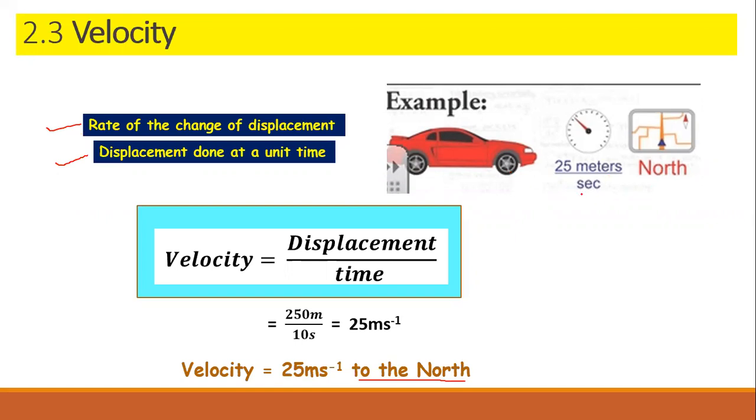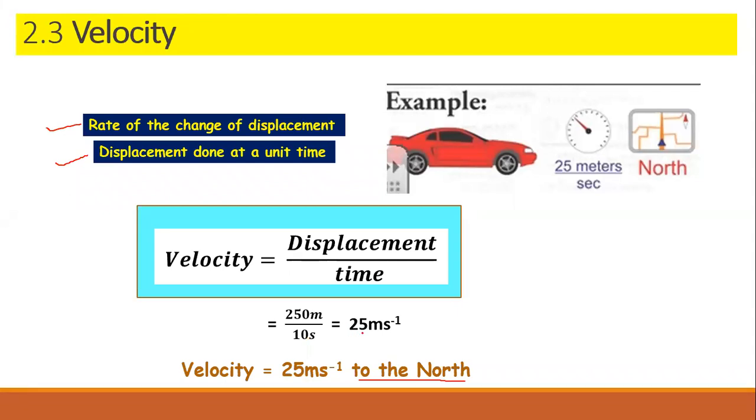That is the velocity, and in the north direction. And here I have given the total distance he has traveled, that is 250 meters, and he has taken 60 seconds to do that displacement.